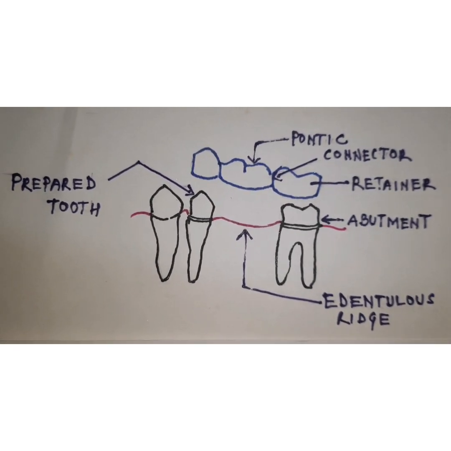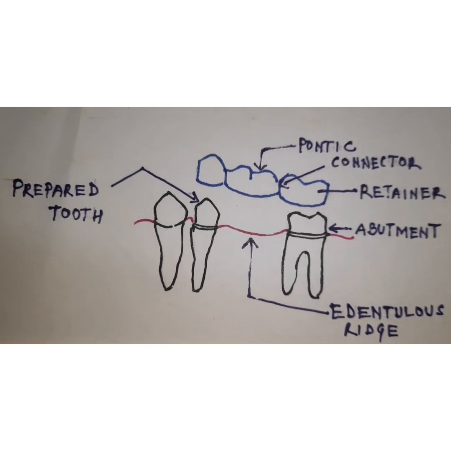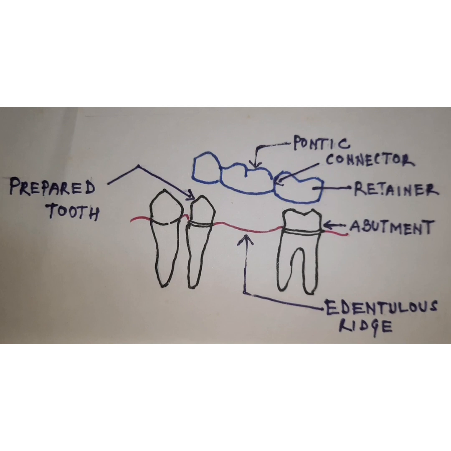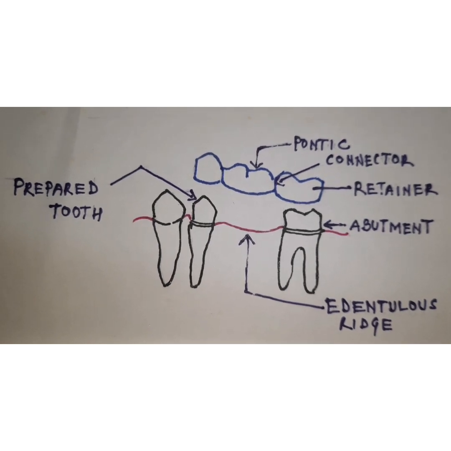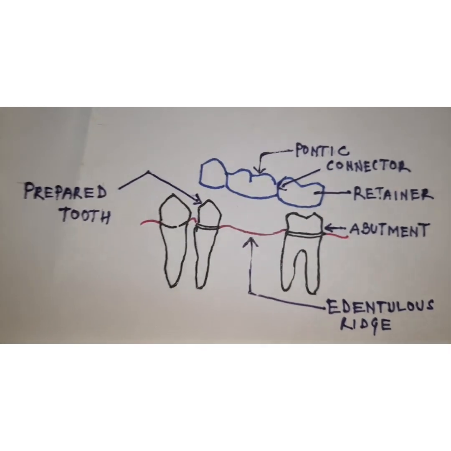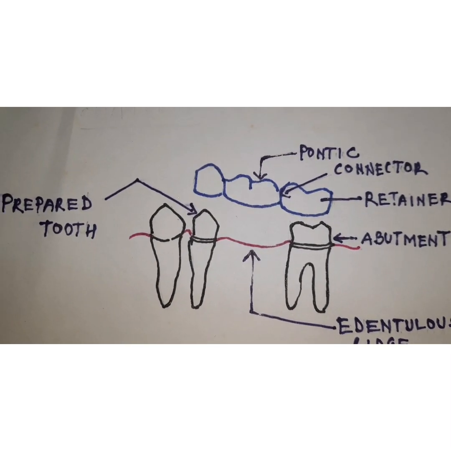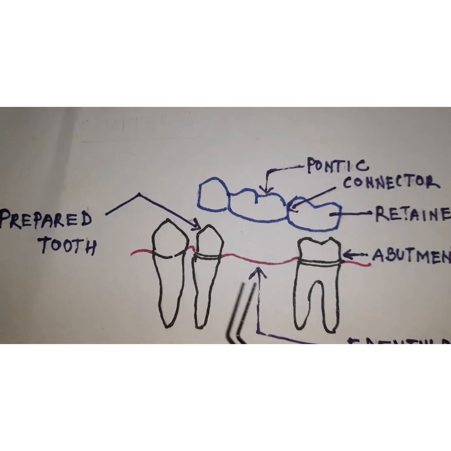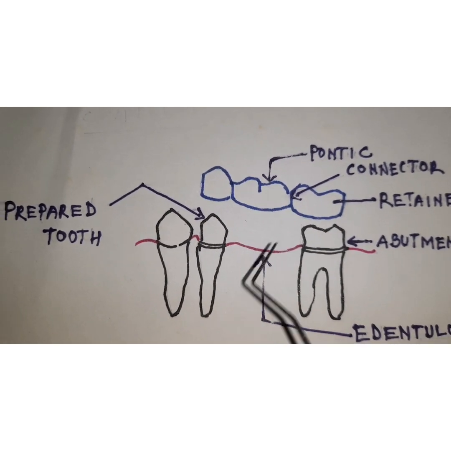If we see the parts of the fixed partial denture, actually this is a type of prosthesis which cannot be removed and it is fixed on the prepared tooth. So we need to understand that you have the teeth which are prepared to accept a missing tooth. Suppose there is a missing tooth, say a molar is there here.